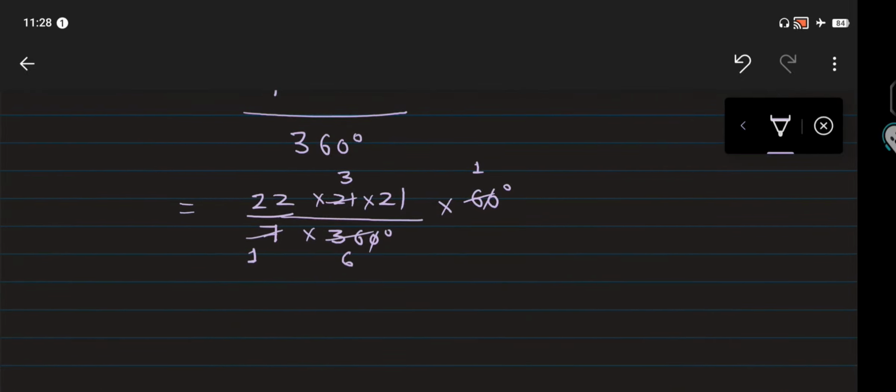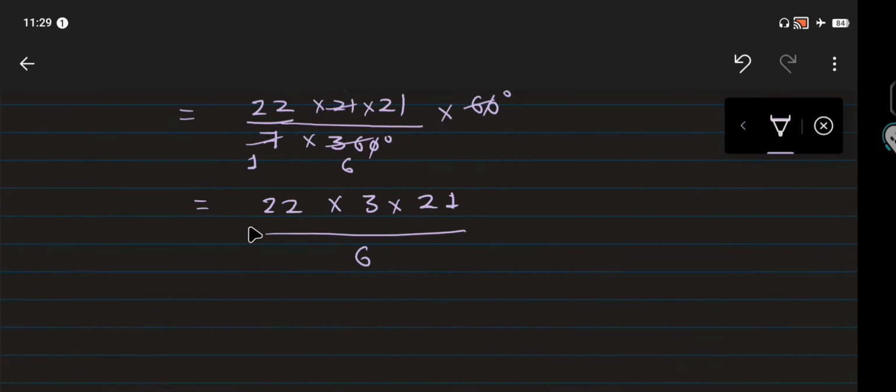Okay. So now let's write what remains. 22, 3, 21, and 1, no need to write it, and 6. We can also cut down this 22 and 6 with the table of 2. So 2 times 3 is 6, and 2 times 11 is 22.